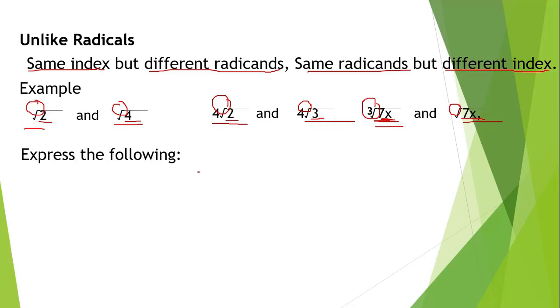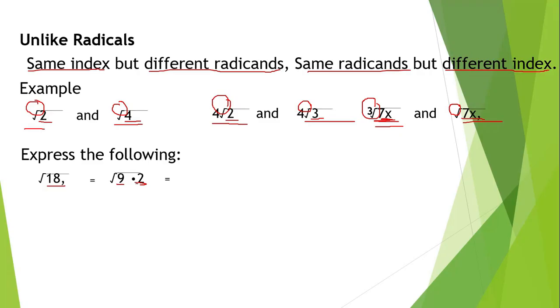Express the following. Square root of 18. So how to express this one? First and foremost, we have to factor this one. We have to find the factor of 18. The factor of 18 is 9 times 2. So as you can see, 9 is a perfect square and 2 is not a perfect square.